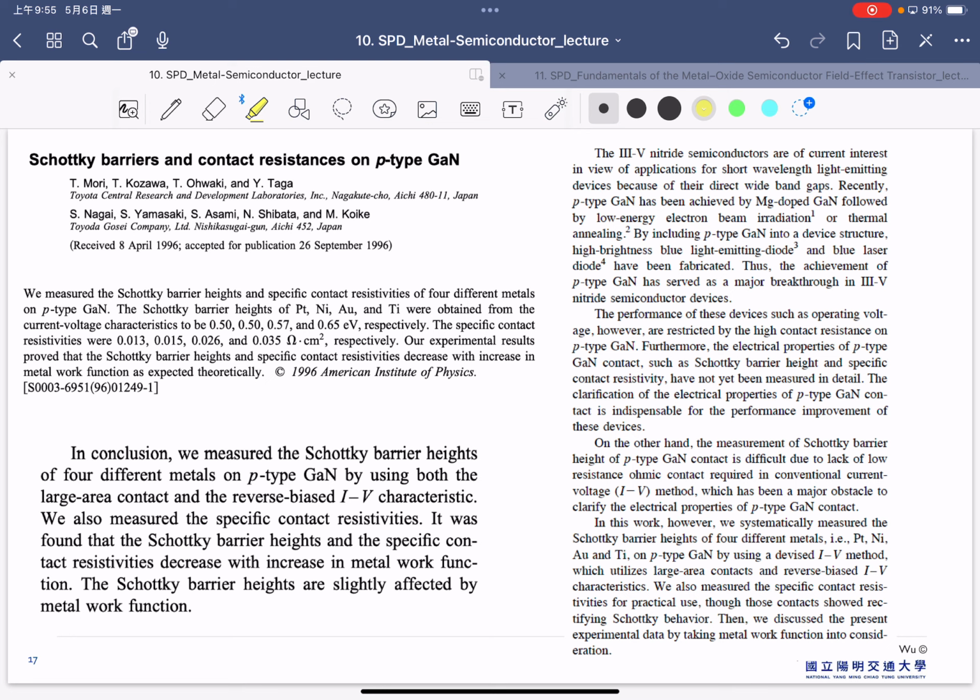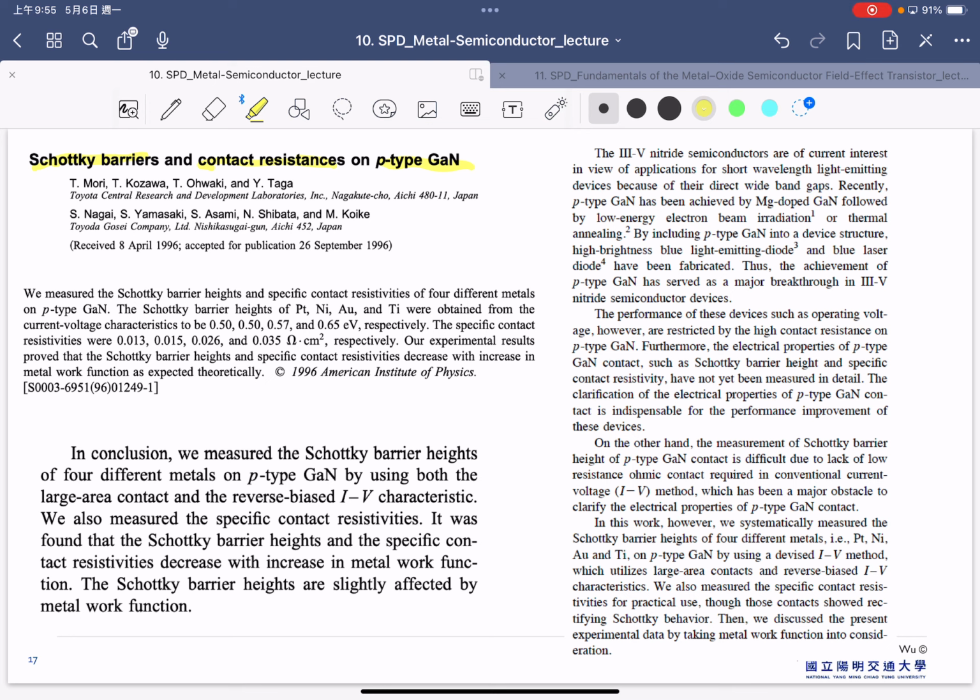So this is one piece of literature to show you that what we have learned in this chapter is actually quite useful for us to understand certain knowledge in the published literature. As you can see, the title of this paper is Schottky barrier and contact resistance. Of course, this is not on silicon, it's on P-type gallium nitride.